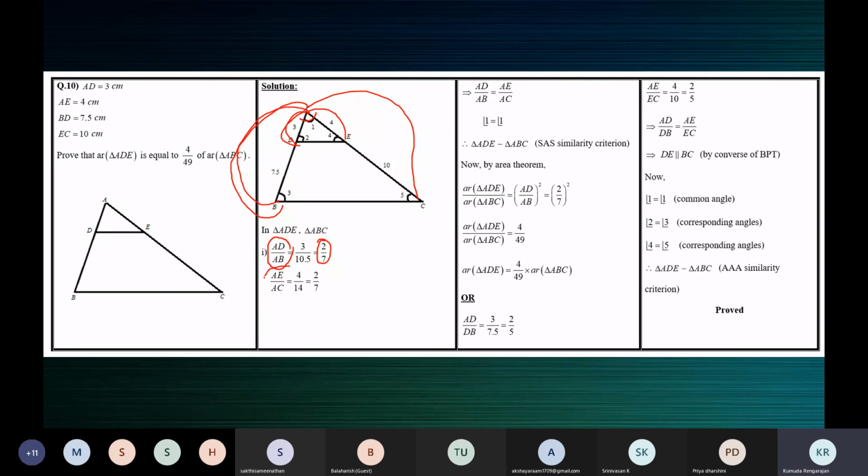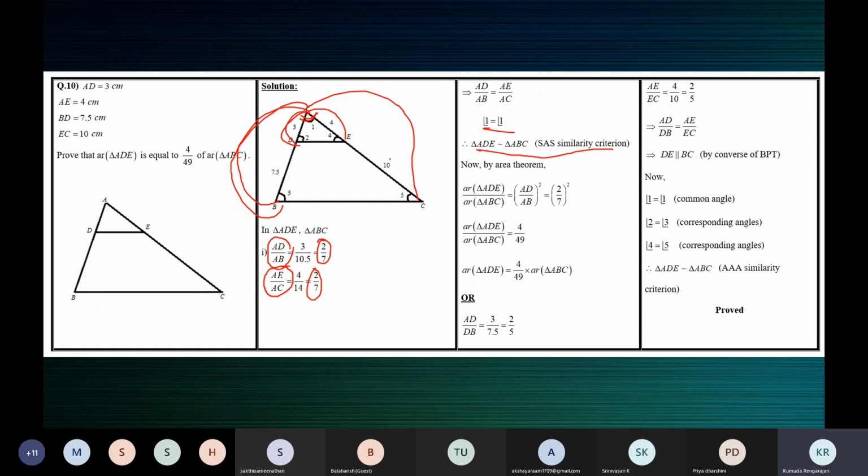Again, side AE of the small triangle by side AC of the big triangle is also 2 by 7. So sides are proportional, and the included angle, angle 1, is common. So the triangles are similar by SAS rule.